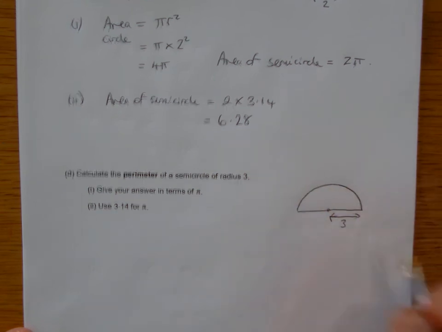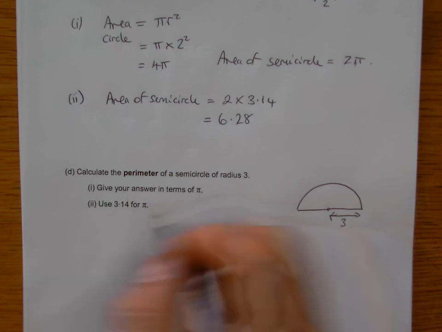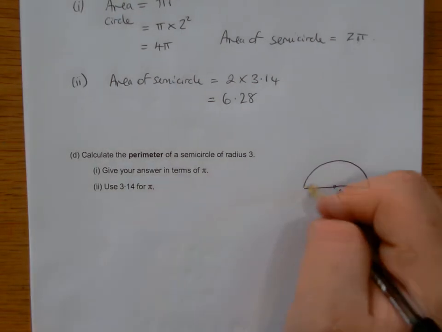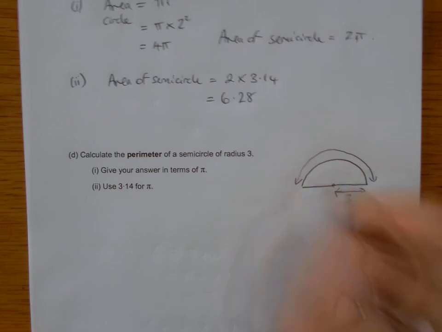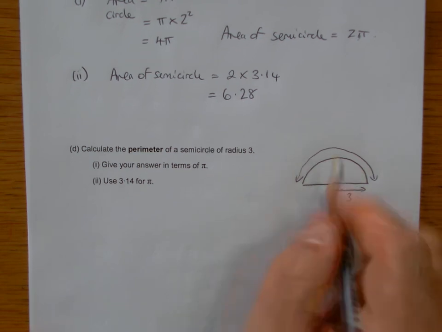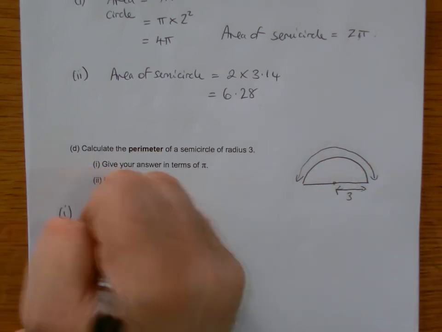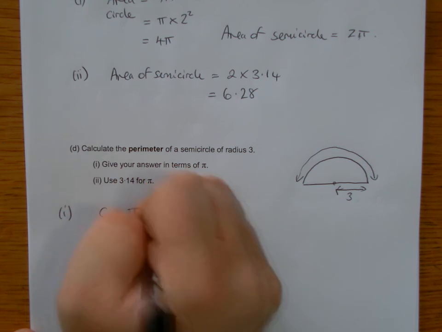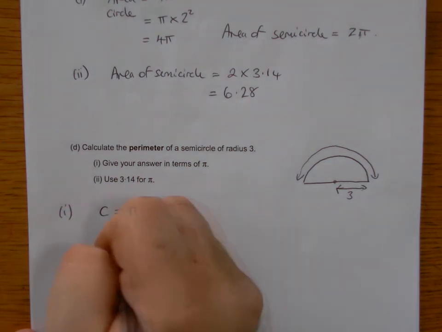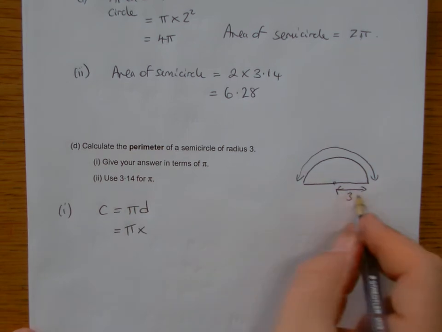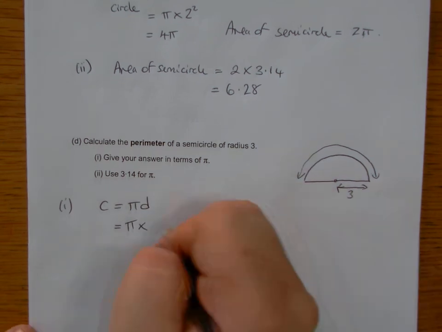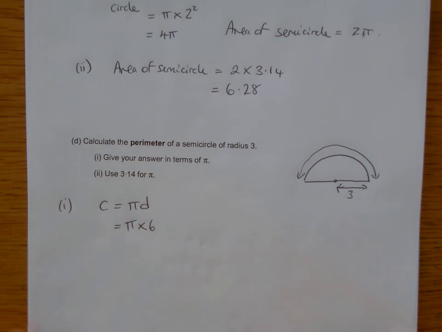And we've got the radius being 3, okay? So, because we want the distance around there, we need to work out the circumference, don't we, of the full circle to start with. So remember, the circumference is pi times diameter. So that will be pi times, now if the radius is 3, the diameter will be double it, so that will be 6, yeah?